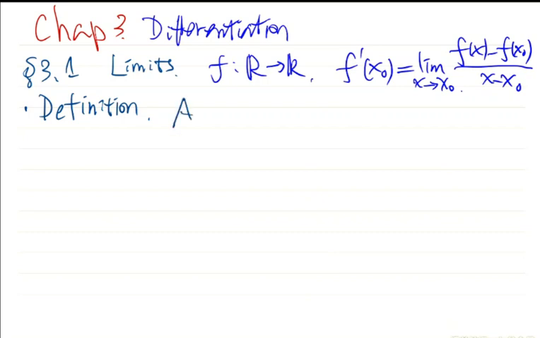Suppose A is a set in Rn. Before we define the limit, we need to define the so-called limit point of a set. Okay, so A is a subset of Rn.